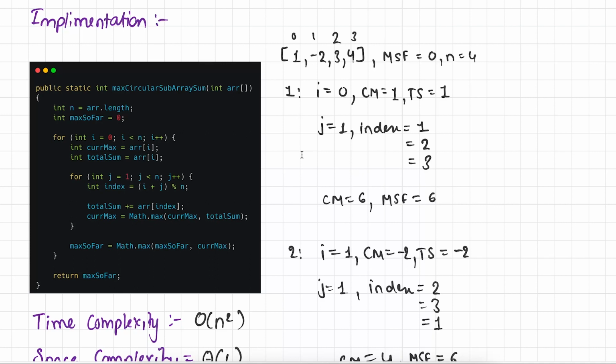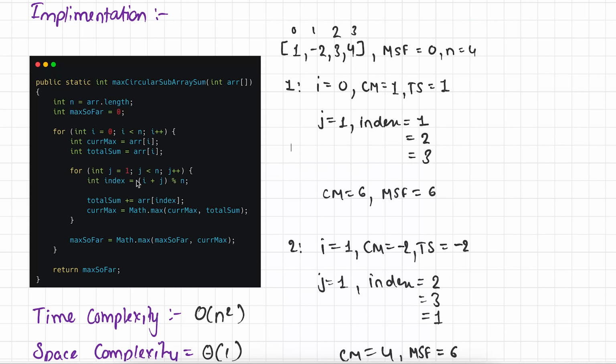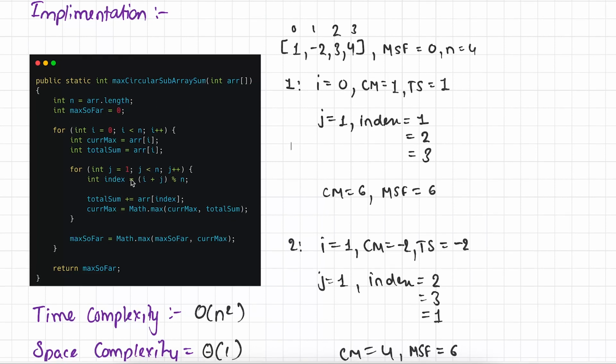Okay, and the second variable, total sum, simply keeps track of the sum of all the elements of the subarray. Okay. So after this we are again running a loop from j equal to 1 till j less than n. Okay. And then we are finding the index using modular arithmetic.